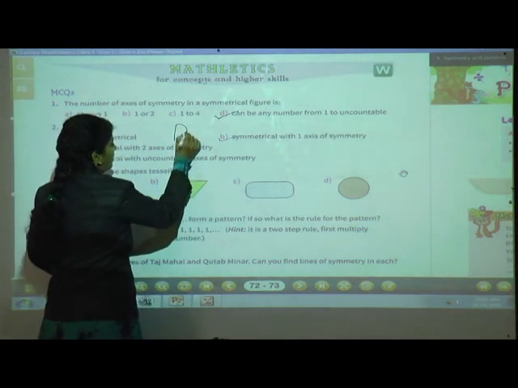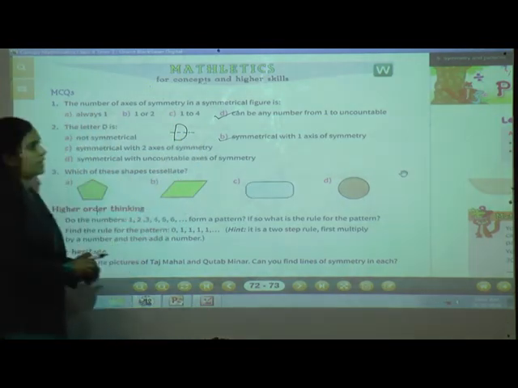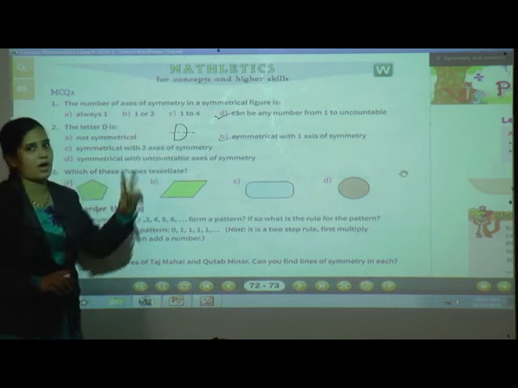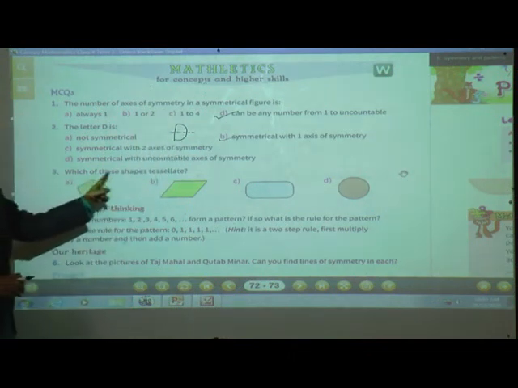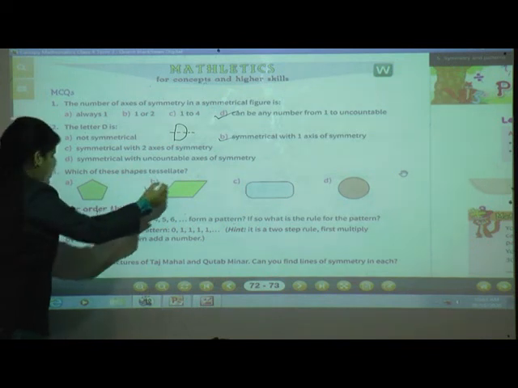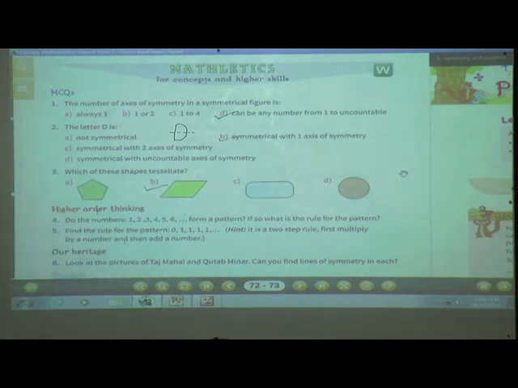Because here we can draw a horizontal line and then that line divides the D into two halves. So which of these shapes tessellate? Yes, students? Yeah, this shape. Very good. So students, in this way all of you understood what is meant by tessellation?